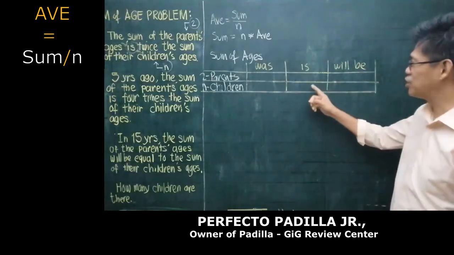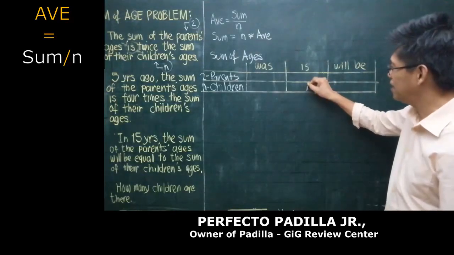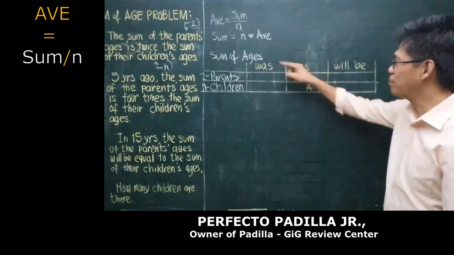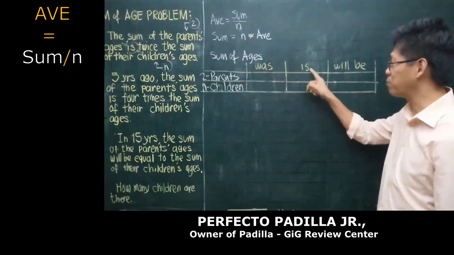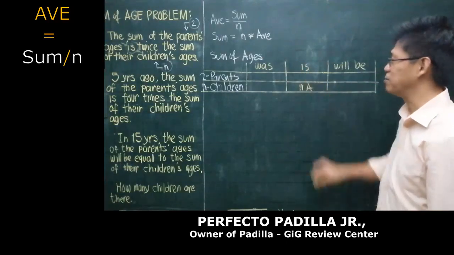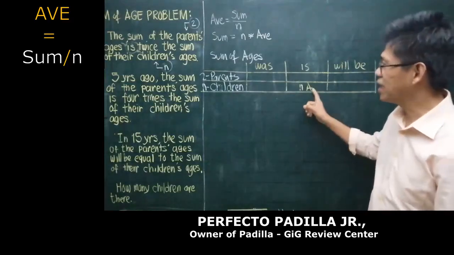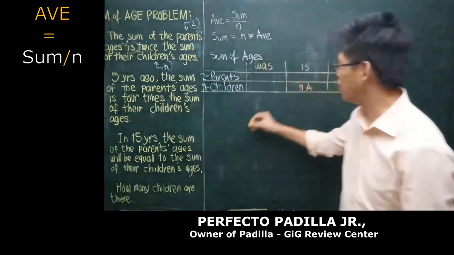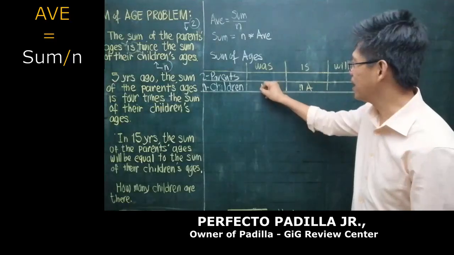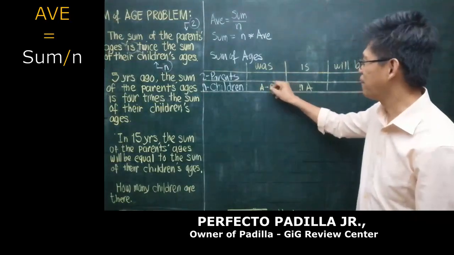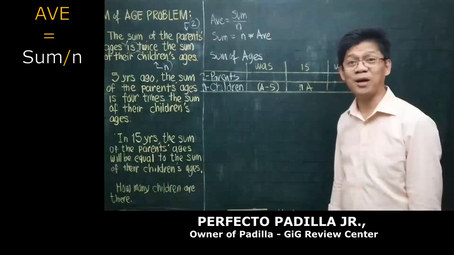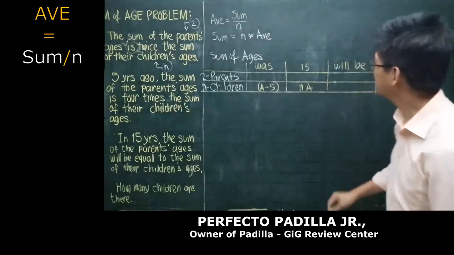If the average age of children at present is A, the sum of ages of children at present is n times A. And the average age of children 5 years ago will be A minus 5. Why A minus 5? Because of this.